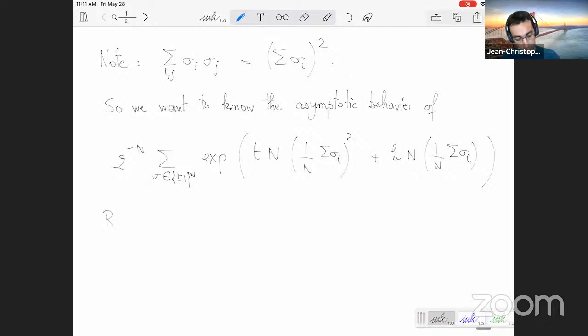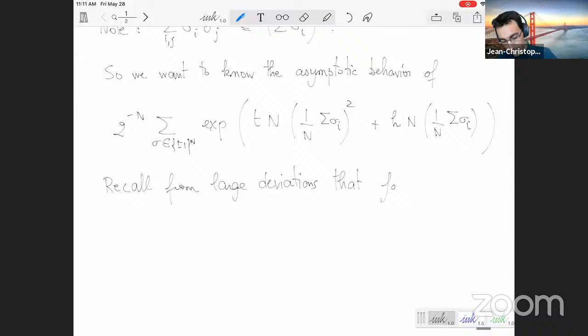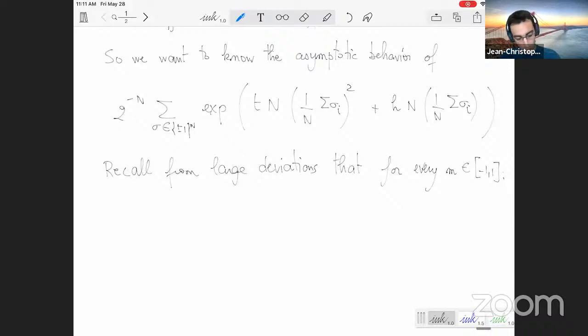So let's say, recall from large deviations, for every m, the probability, and I'm going to use this informal notation, that the average is approximately equal to m.